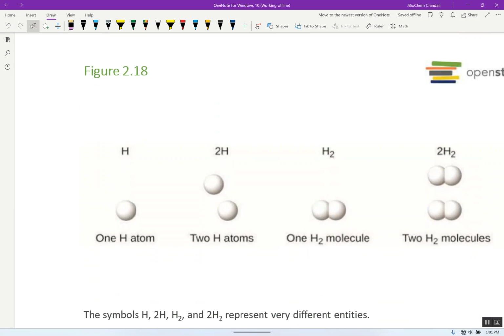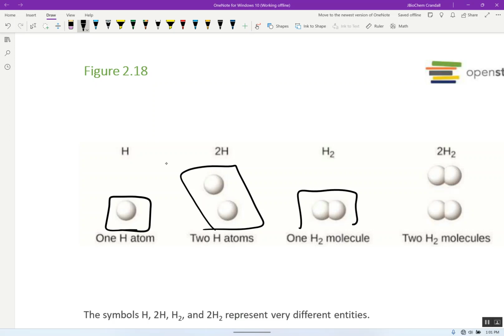If you're talking about the nomenclature, you would say this is 1 hydrogen atom. This is 2 hydrogen atoms because they're individual separated hydrogen atoms. This is 1 hydrogen molecule, which means that there's 2 hydrogen atoms, but it's 1 molecule, right? Here is 2 hydrogen molecules.